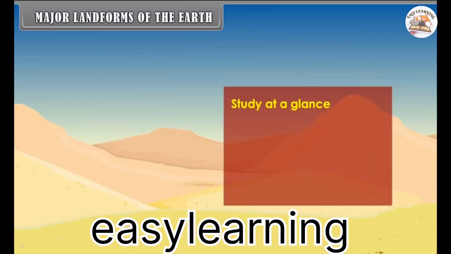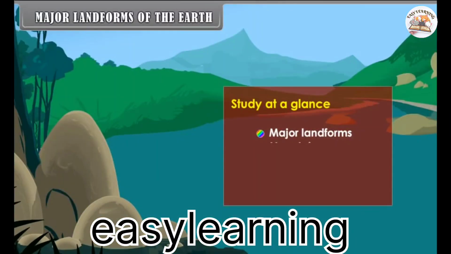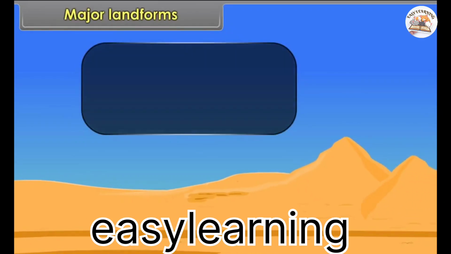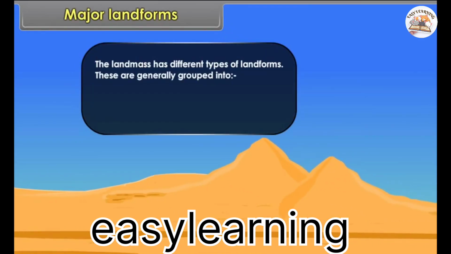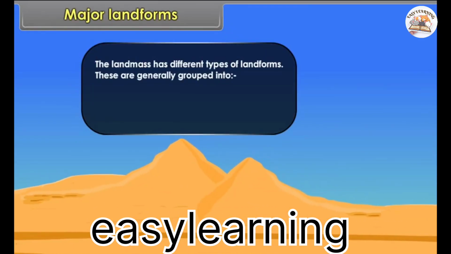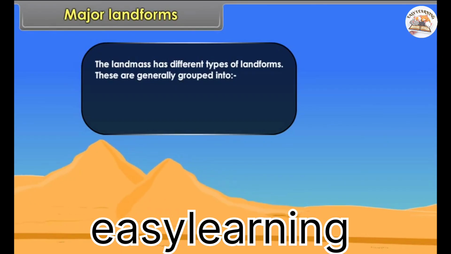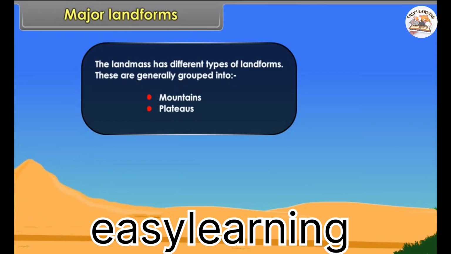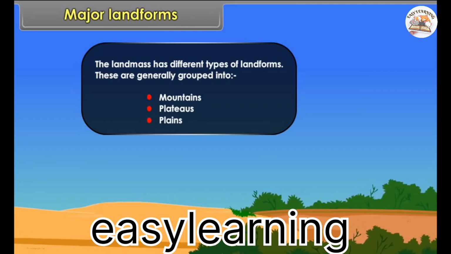Study at a glance. Major landforms: mountains, plateaus, plains, oceans. The landmass has different types of landforms. These are generally grouped into mountains, plateaus, plains.